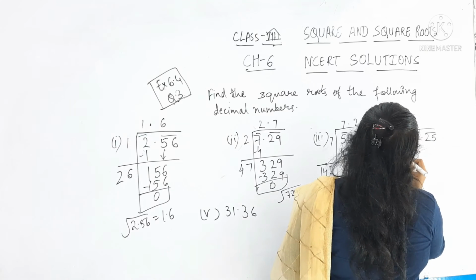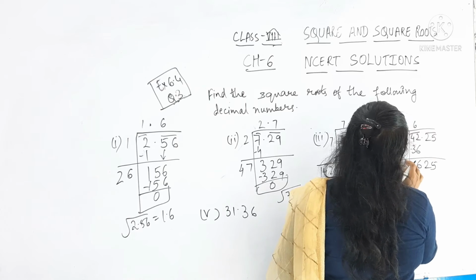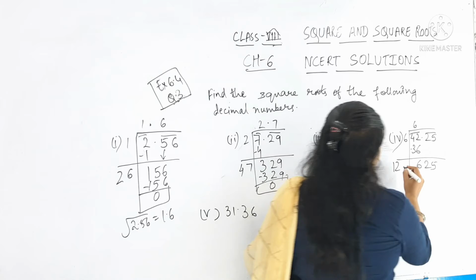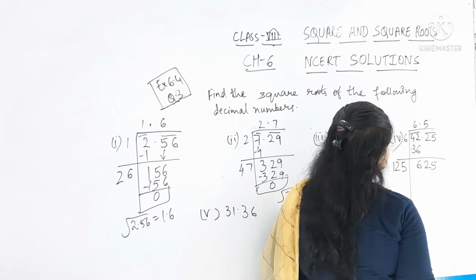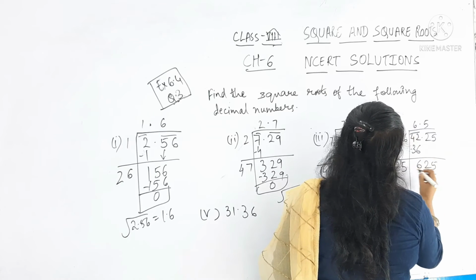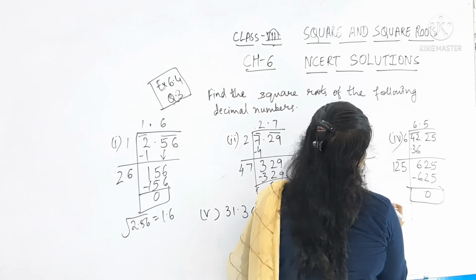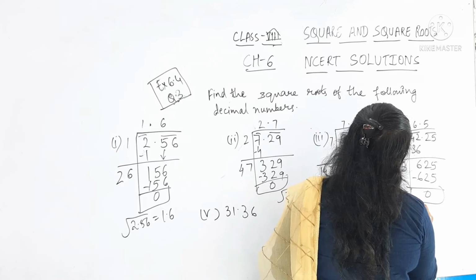So it is 6, 25. 6 plus 6 is 12. In the 5, we have the last digit 5. For the decimal we put the decimal here. 5 5s are 25, 5 2s are 10, 11, 12, 5 1s are 5, 6. So I am getting it like this: under root of 42.25 is equal to 6.5.